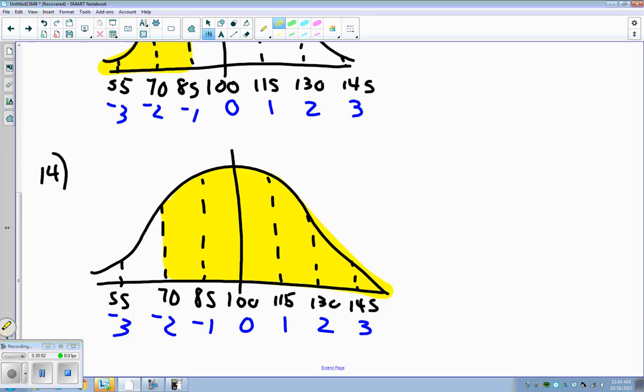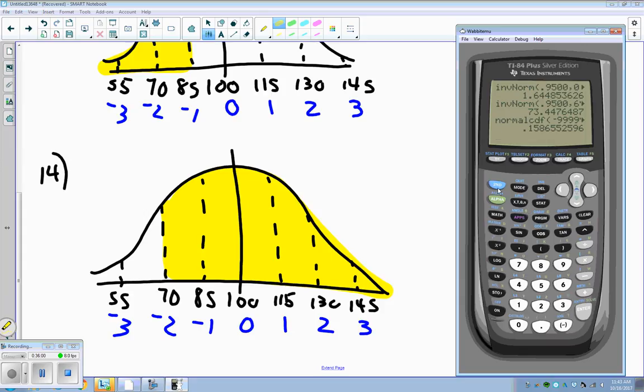Okay? I'm finding area, probability, so I'm still going to use my calculator here, and I'm going to go second distribution. I'm going to cursor down to number 2, normal. What is my lowest limit? If lower means just like a number line, I'm going to go from left to right. -2. Can I put -2? Absolutely. Could I put 70 in? Absolutely.